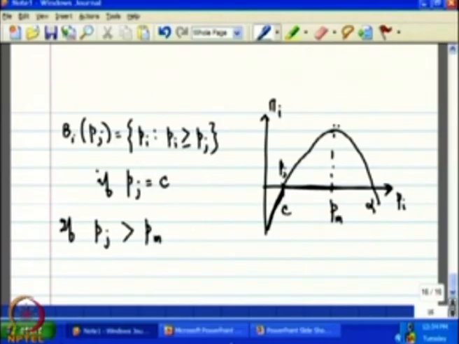So, I should charge a price which is Pm, because by charging Pm I am getting the market, at the same time I am maximizing my profit. So, in that case my optimum price is Pm.